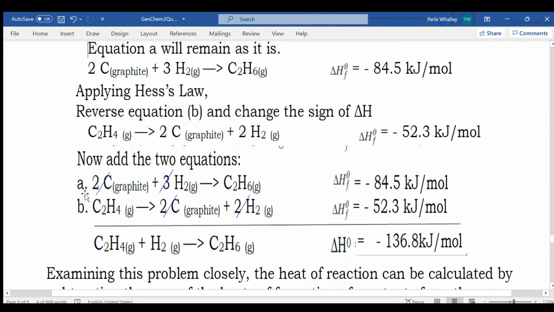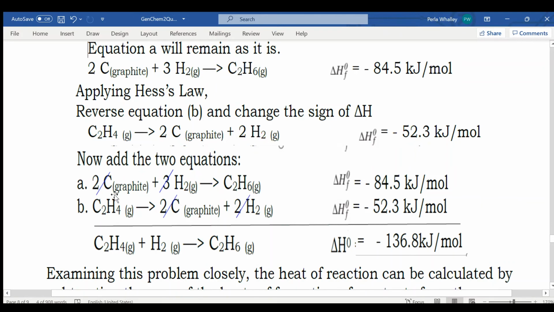So we have the reactants, and we look at the product side of the other equation to see if we can cancel similar substances. So 2 graphite cancel. 3H2 is cancelled with 2H2 here, but we still have 1 hydrogen gas remaining. And in the product and the reactant, there is no similar substance, so they have to remain as is.